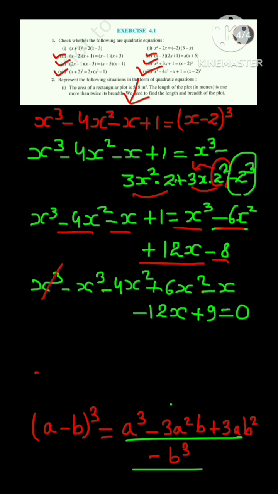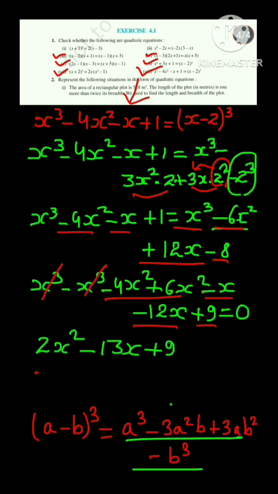Now x cube and this minus x cube will be cancelled out, and here minus 4x square plus 6x square, after subtracting we obtain 2x square, and here minus 12x and minus x, after adding we obtain minus 13x and this plus 9 as it is equal to 0.